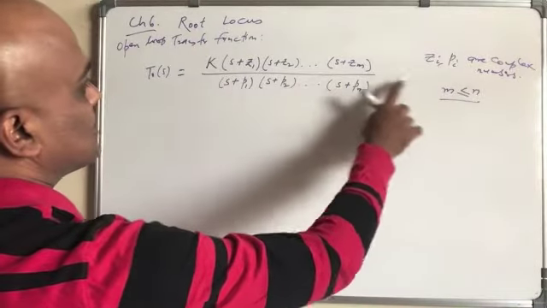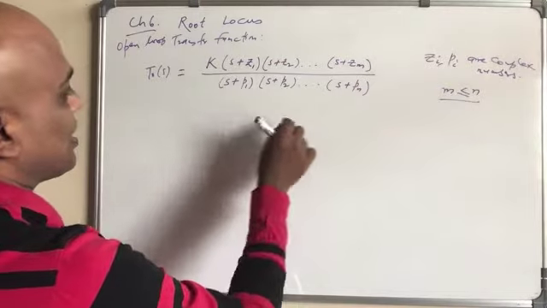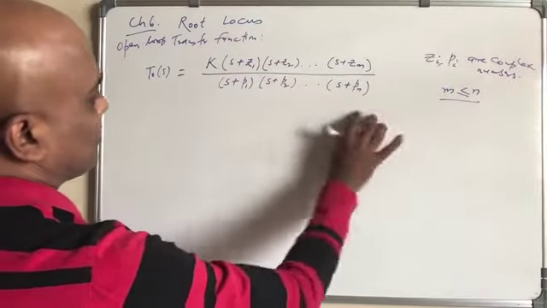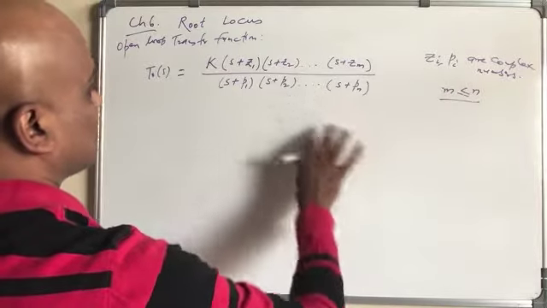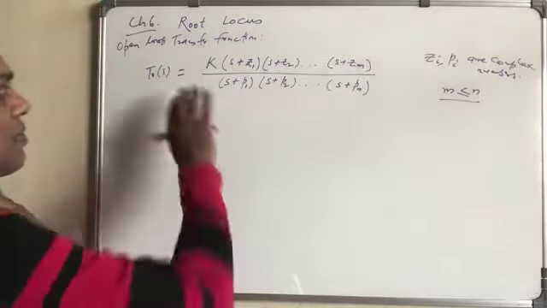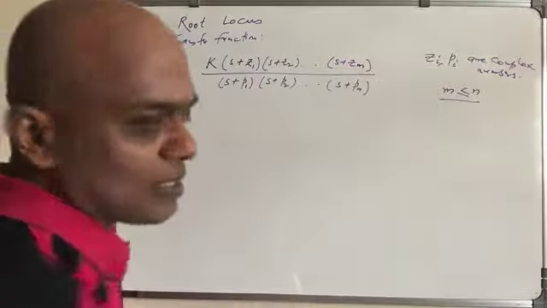Otherwise, if m is greater than n, we can always simplify by writing it as a constant plus something with m less than or equal to n. So finally, whatever the form, you will get this form.